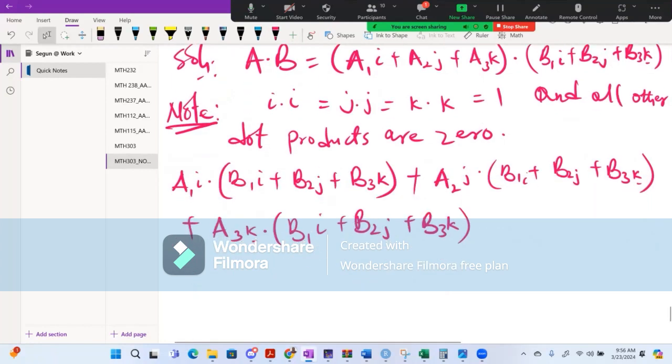Now I need to do the dot product to each of them, that is, multiply one another. Here I have A1 multiplied by B1, and don't forget we have I dot I in front.